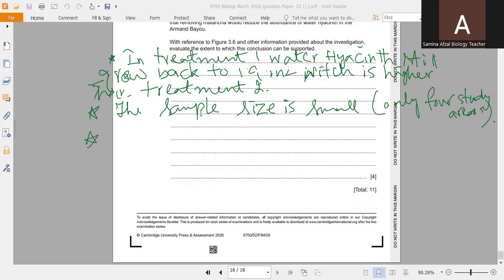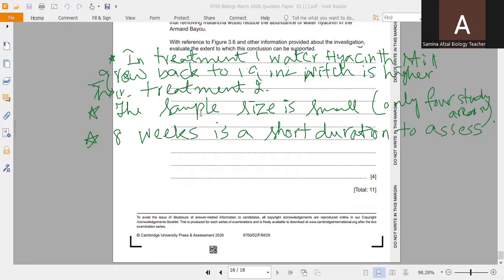Then the third: 8 weeks is a short duration to assess long-term ecological dynamics.